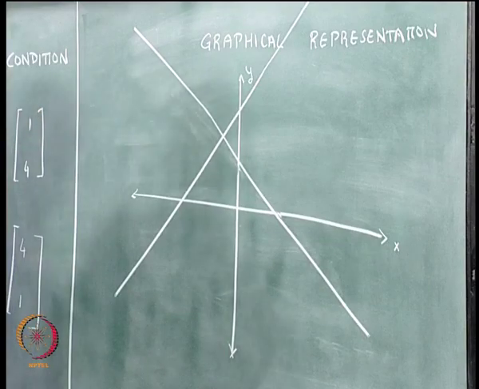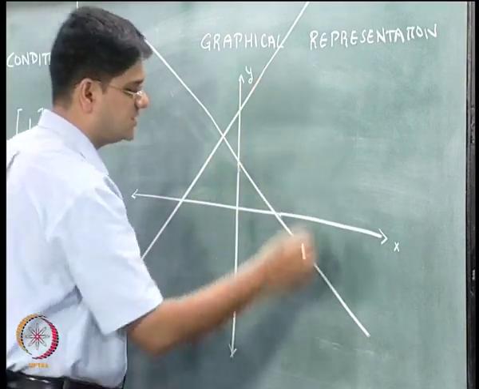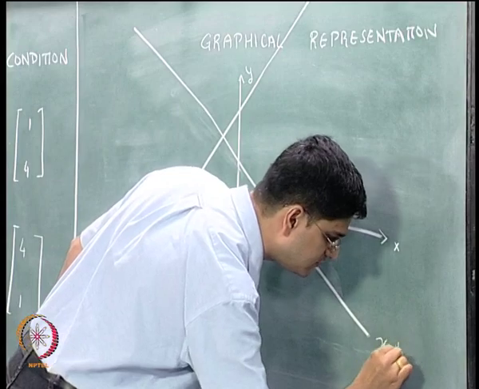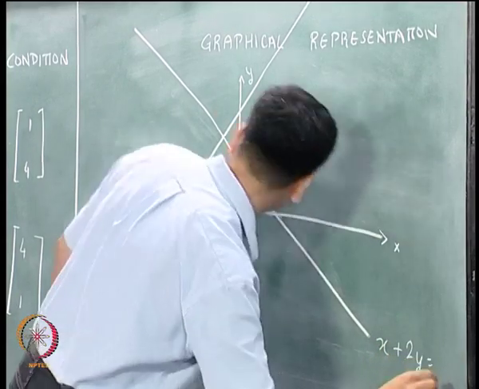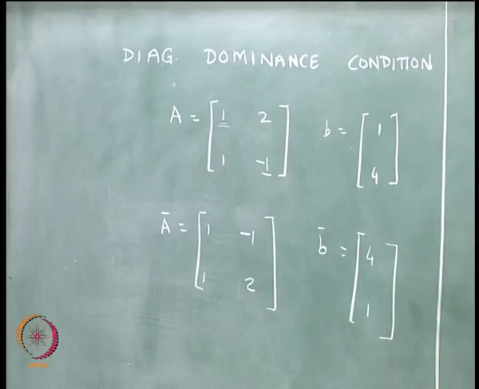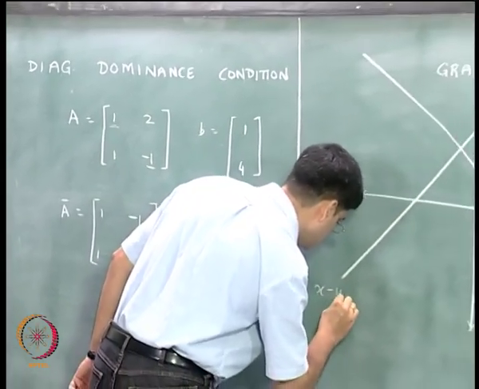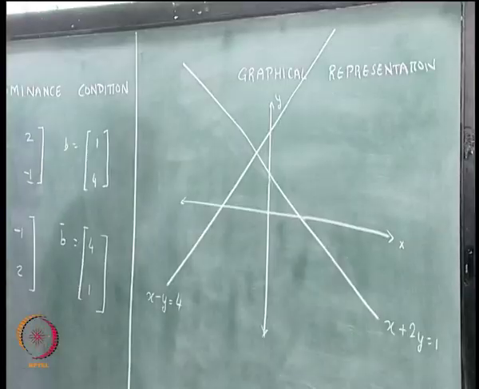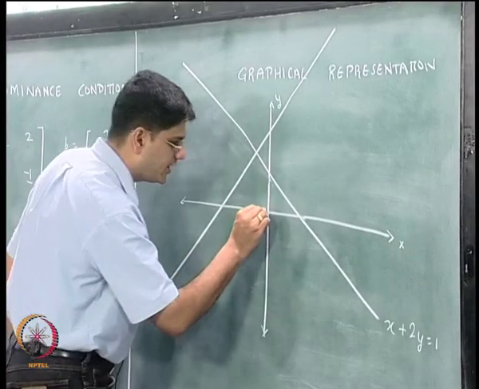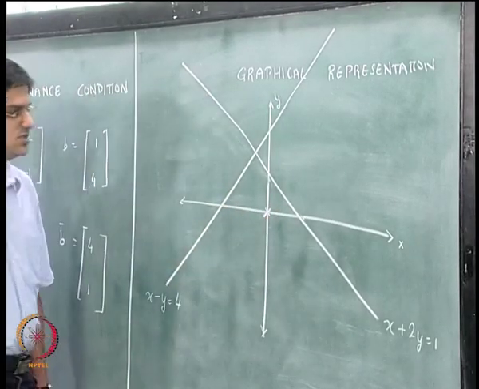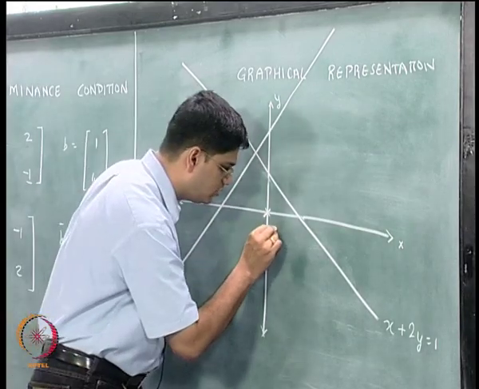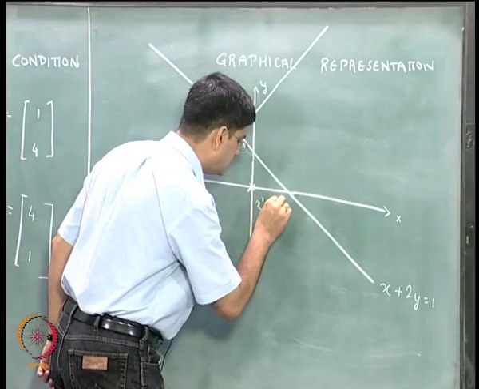Okay. So we will call this equation x plus 2y equal to 1, and this particular equation is x minus y equal to 4. Okay. This point is essentially our x0 comma y0.